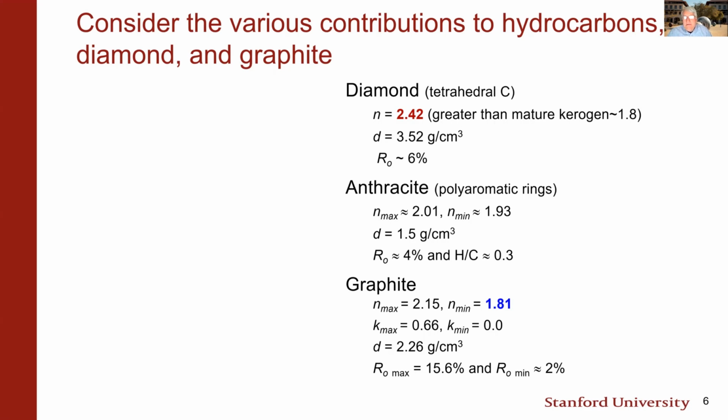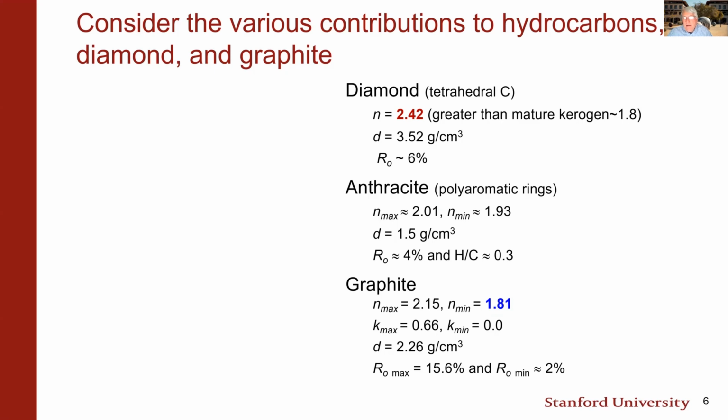Comparing that now to anthracite, the refractive index is starting to become anisotropic. In the maximum polarization, it's a little over 2, and the minimum, it's a little less than 2. The density is quite a bit lower than either graphite or diamond. So you can see right now that density of carbon atoms is one of the contributions to the lower refractive index.